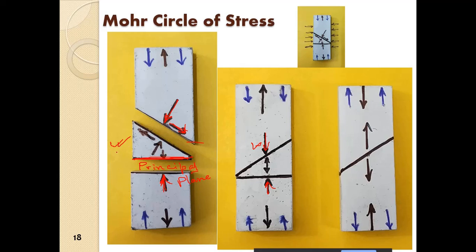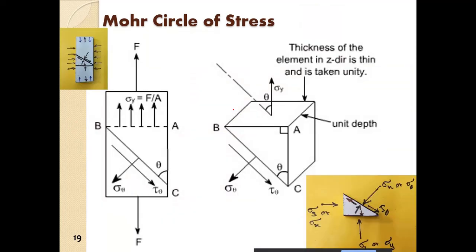Similarly, we have the stresses in the normal direction on this plane, so that is a principal plane again. So we have this wedge here, and these are the stresses acting on it.